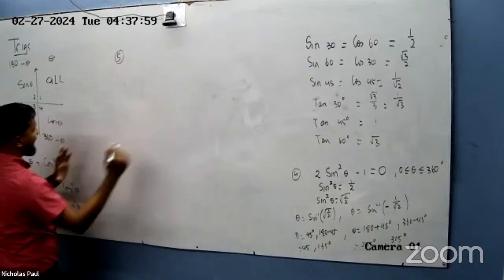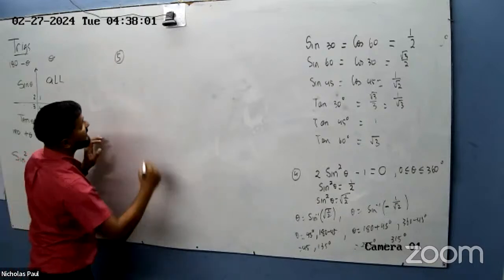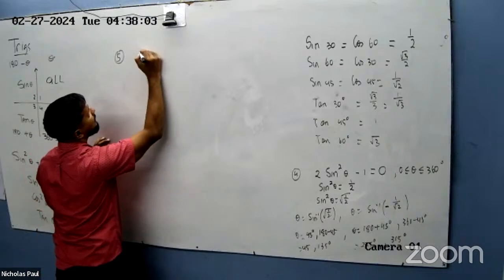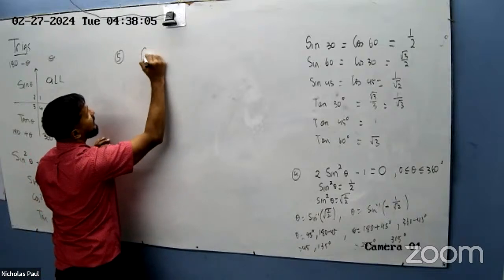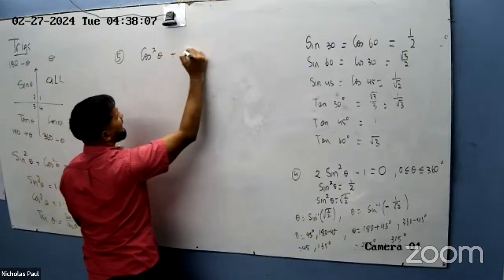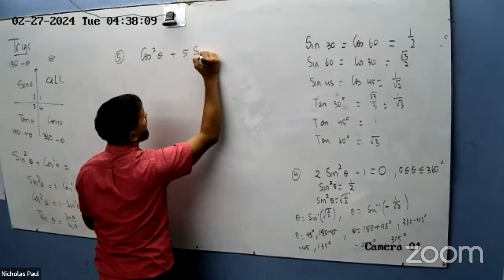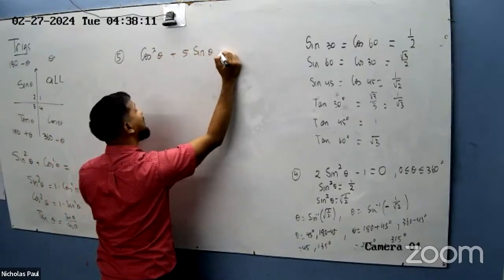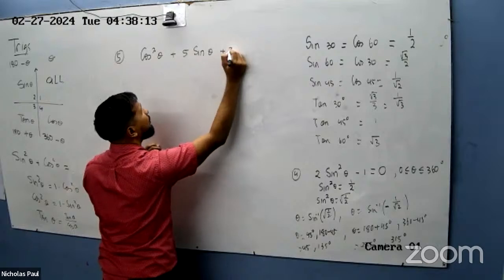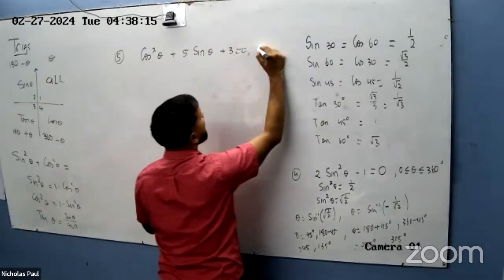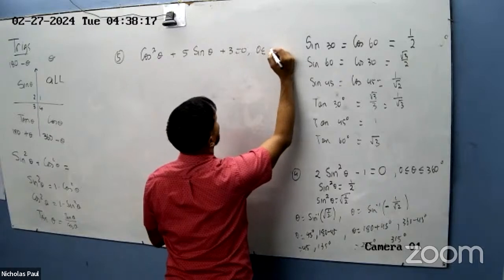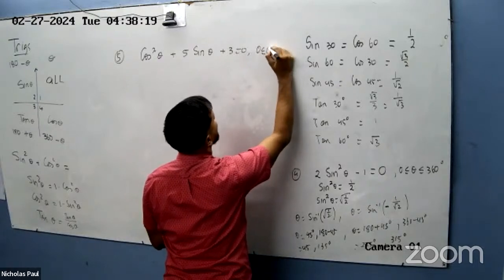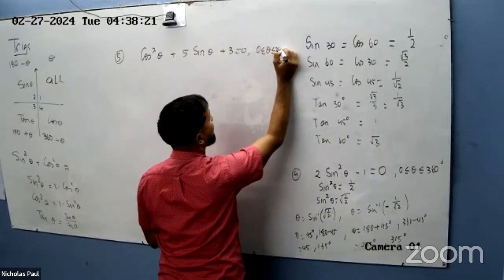So we're going to apply identities together with solving. Suppose I gave you cos squared theta plus 5 sine theta plus 3 is equal to 0, and I want all the answers between 0 and 360.